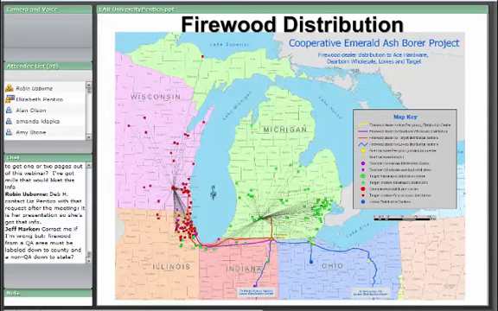And then the large round circles were where the firewood went to be distributed, and then the squares are the retail locations that those distribution points service. So you can see it's a pretty graphic visual of how far firewood can move in a short amount of time given the distribution networks of our large big box stores.